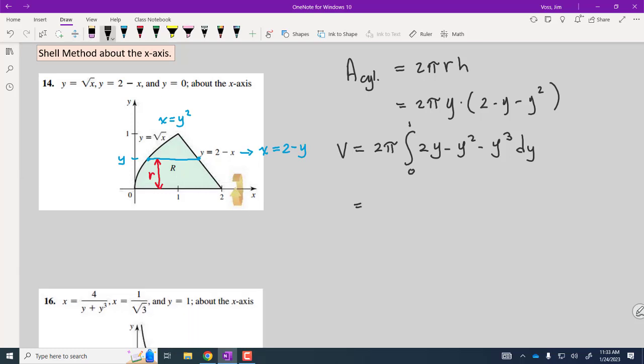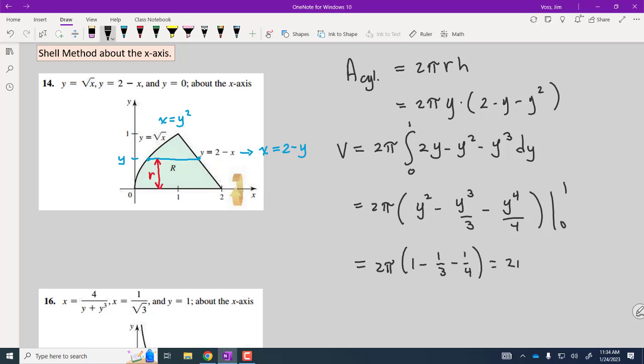So this integral will become y squared minus y cubed over 3 minus y to the 4th over 4. Then we'll plug and chug. 1 minus the third minus the fourth.